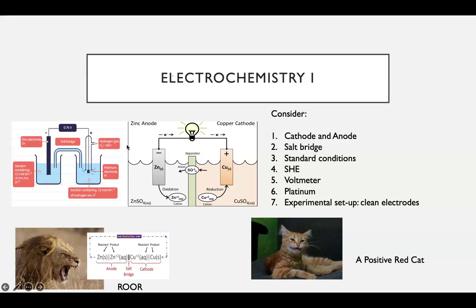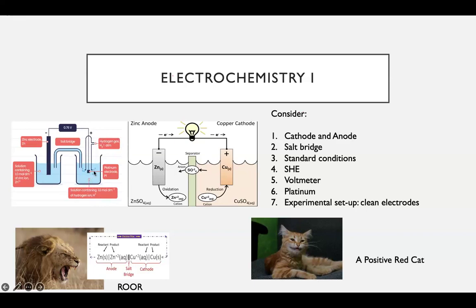So the way this works is that you have hydrogen gas come in and react on a platinum electrode. All under standard conditions, you can see the ions are at 1 mole per decimeter cubed concentration, and that's what this electrode is. And it's the point of comparison.